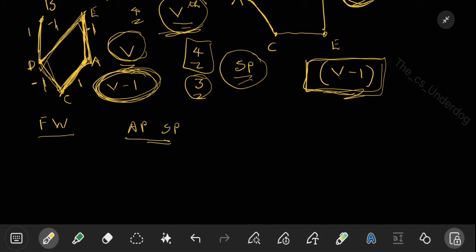That is, you will find the shortest path between all the pairs of vertices that are available.